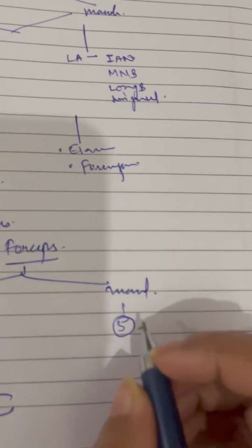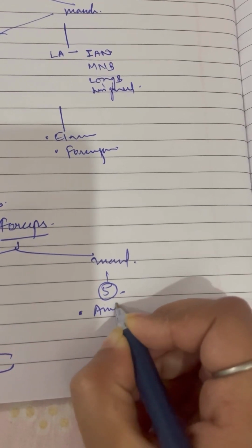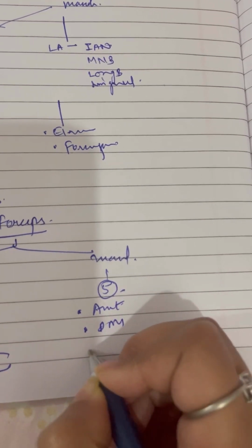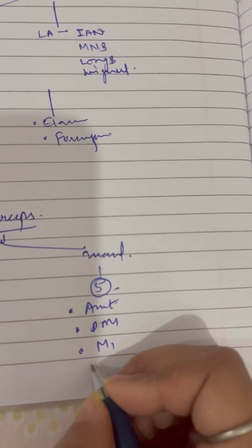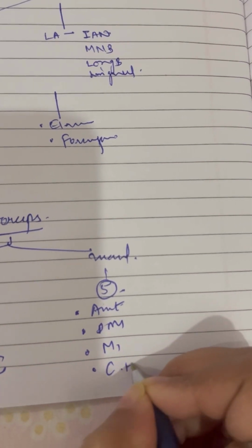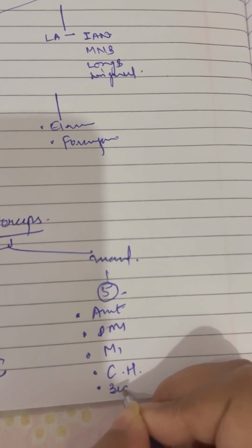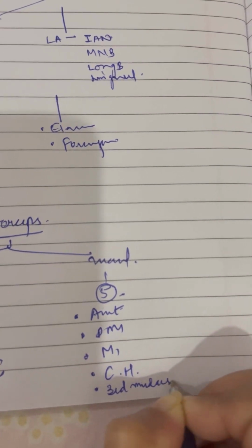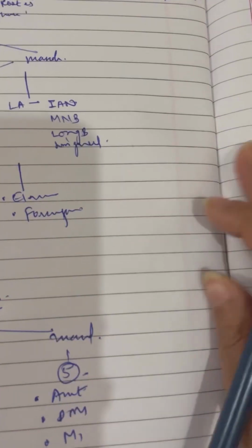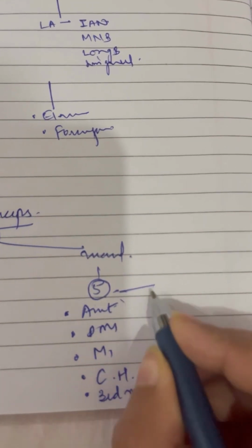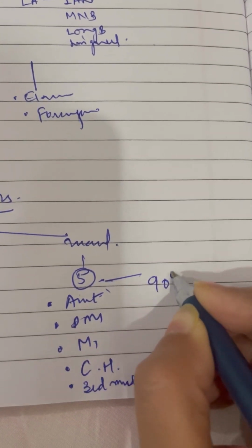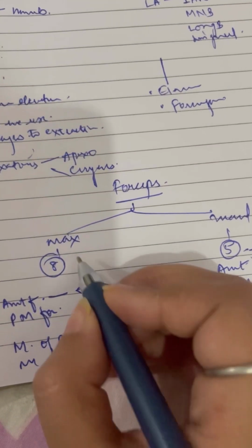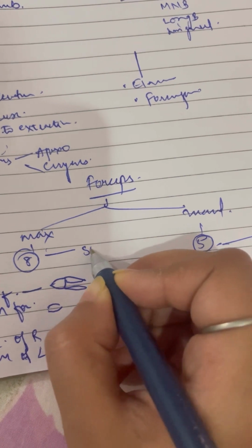Then in case of mandible, we have anterior, premolar, molar of same side, cow horn and then third molar. In case of mandible, these are all present at 90 degrees and these are at straight level.